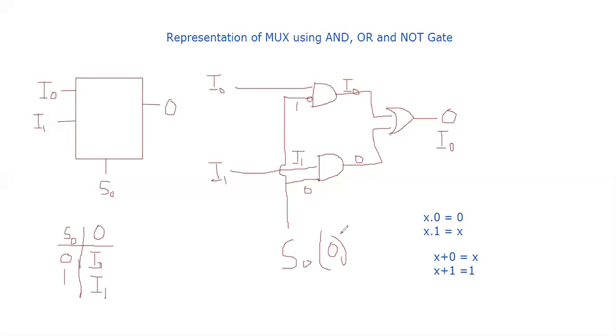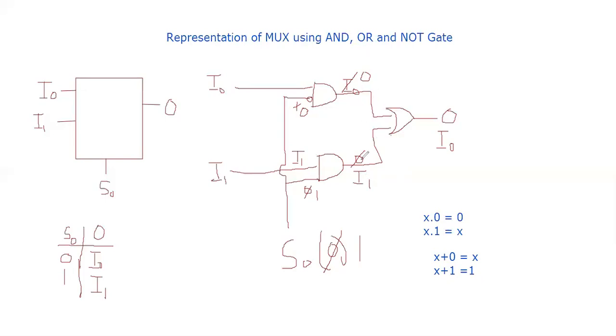Now, when the value of S0 is not 0 but 1, this value becomes 1, and since I have provided this in complemented form, this value becomes 0. Anything ANDed with 0 is 0, so this value becomes 0, and anything ANDed with 1 is the same thing, so X and 1 is X, so this becomes I1.